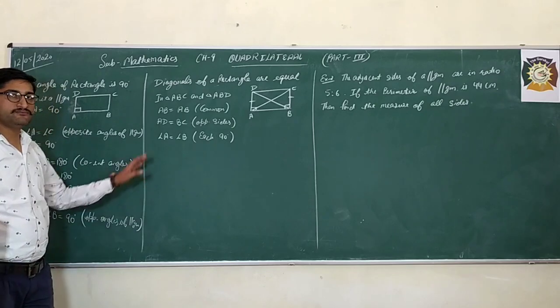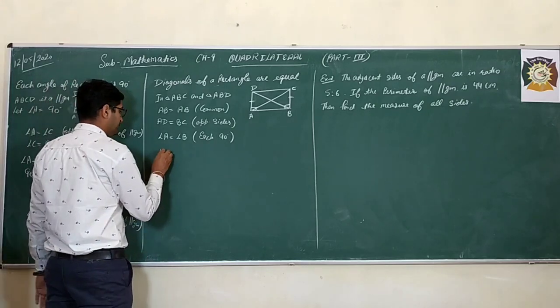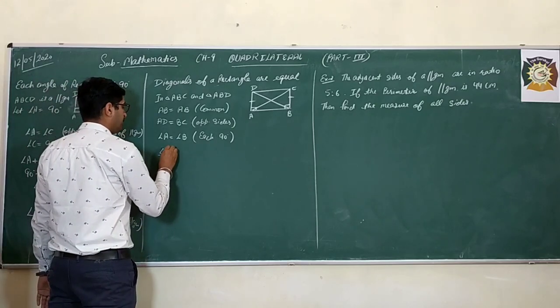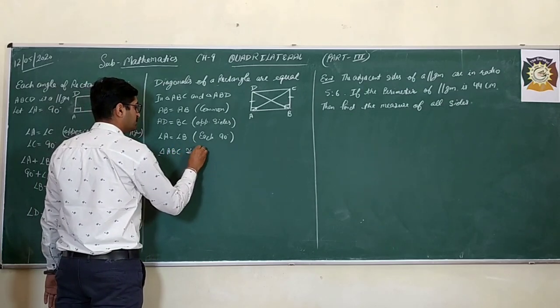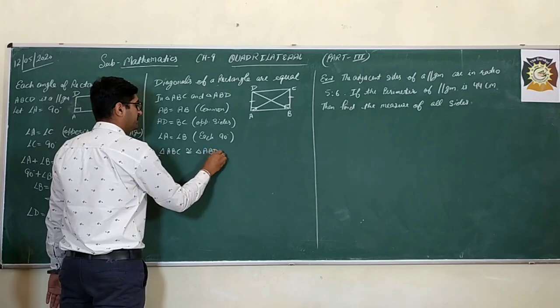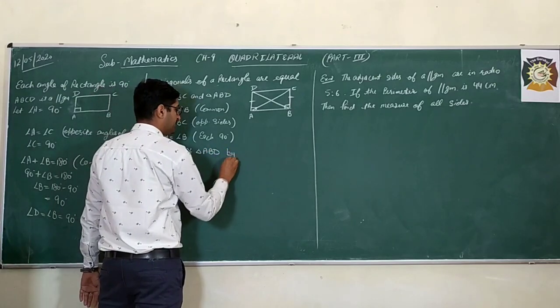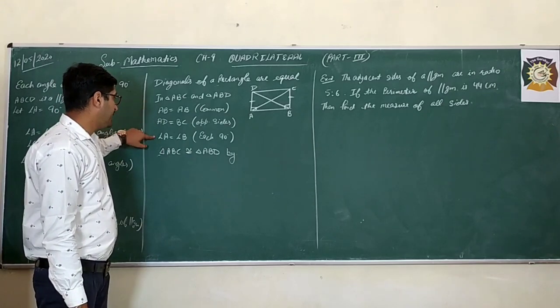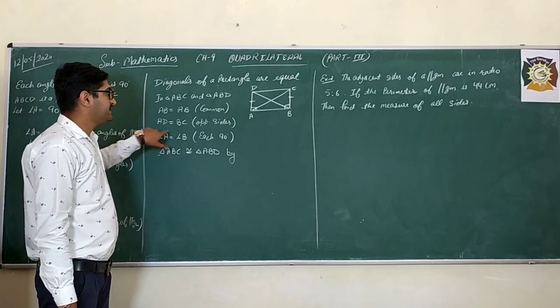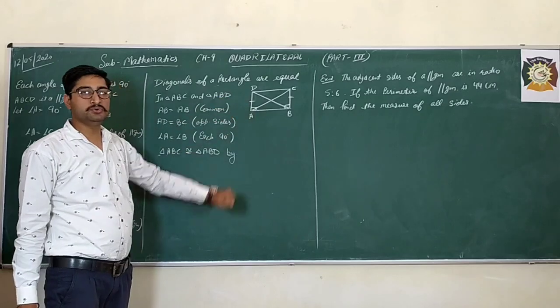Now on the basis of these three, you can say that triangle ABC is congruent to triangle ABD by the property. We have two sides and one angle, and the angle is between the two sides.